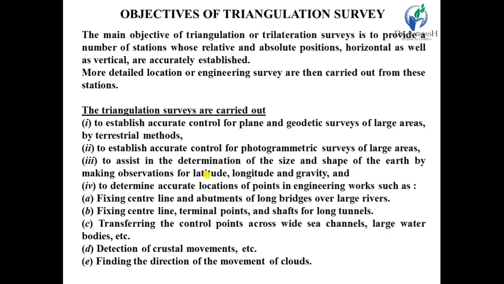After that, with accurate control points, photogrammetric survey of a large area, to assist in determination of the size and shape of Earth, to determine the accurate location of points on engineering works, to fix the center line for abutments and long bridges, like bridges over the sea and over long canal networks or long river networks, and transferring control points across a sea channel.